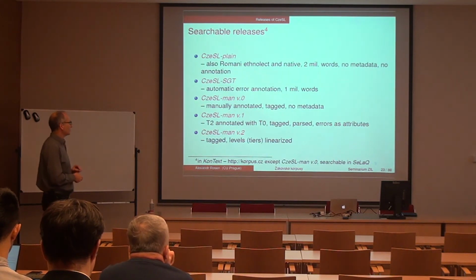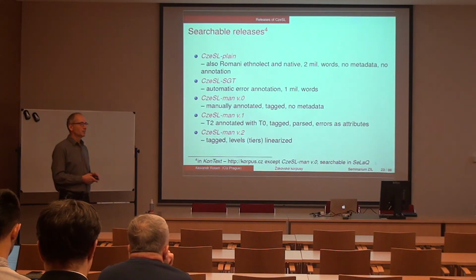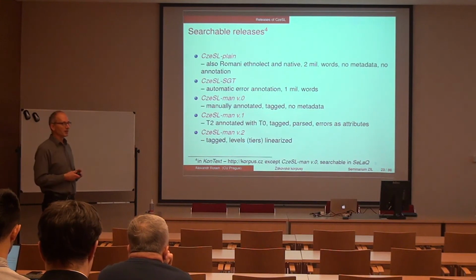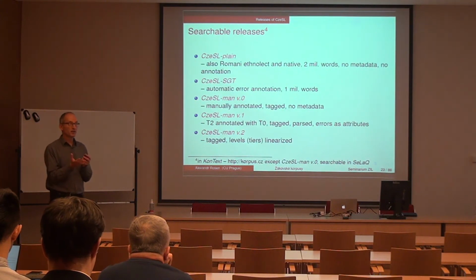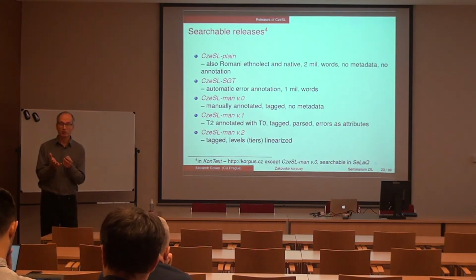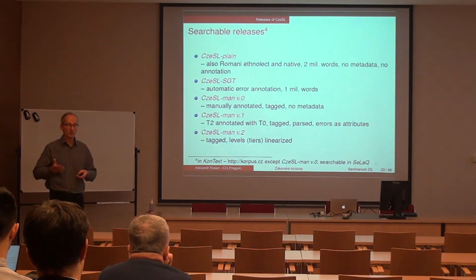Then we have something that was a kind of trick to produce at least something. Because if you have that complex annotation, you cannot really search for that in a standard corpus search tool, because the standard corpus search tool we have is Manatee, that's more or less the same as CQP, and it's really token based.